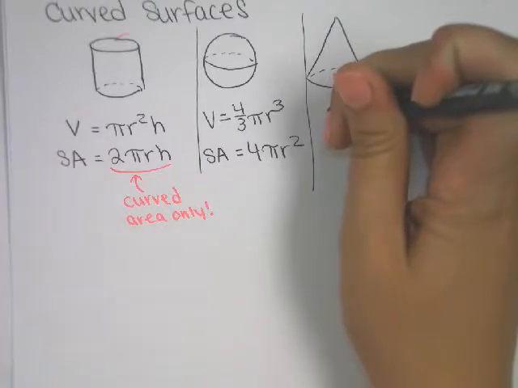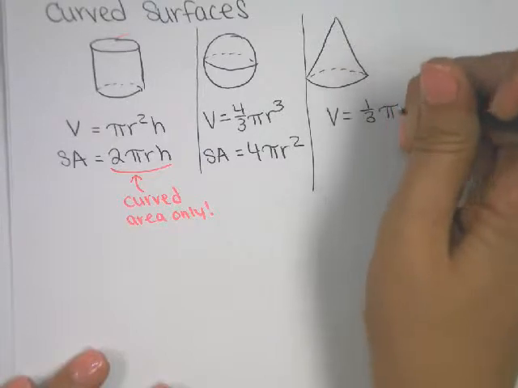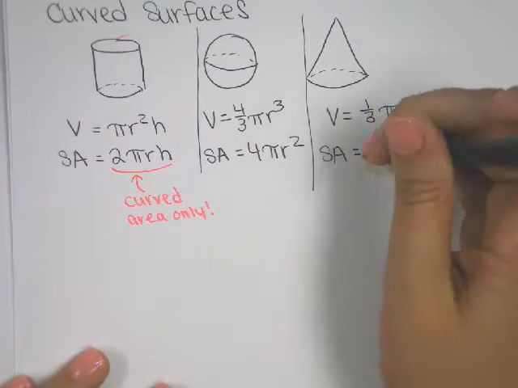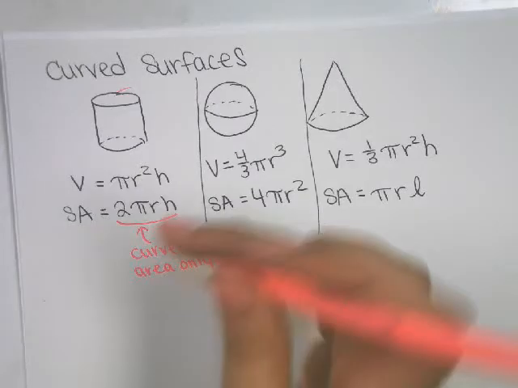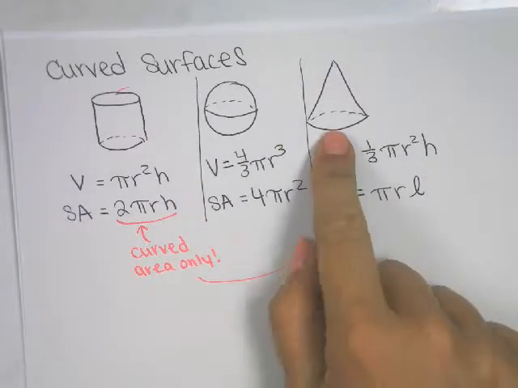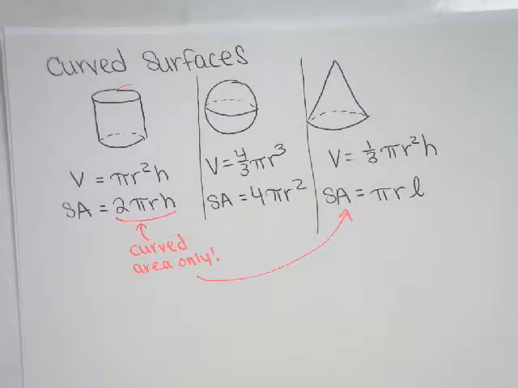They provide volume of a cone, and they provide surface area, curved surface area of your cone as well. So this, once again, curved surface area only. This has a flat bottom, so for the total surface area, you'd have to include that.